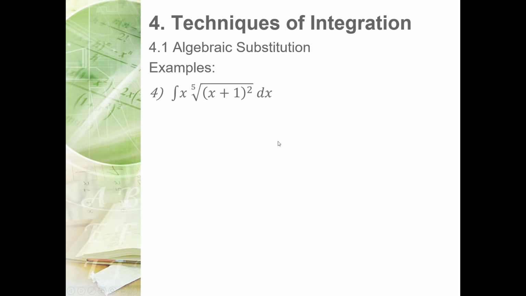Okay, so if you try to use the algebraic substitution immediately, again, let's try eliminating first. So this will be the fifth root of (x plus 1) squared.